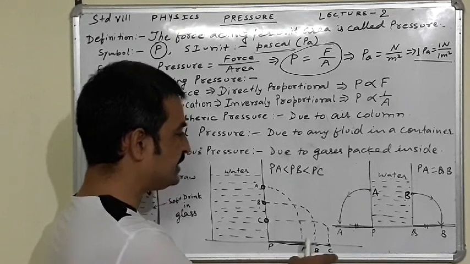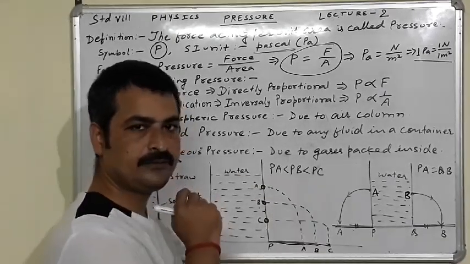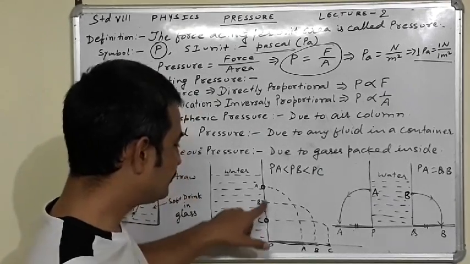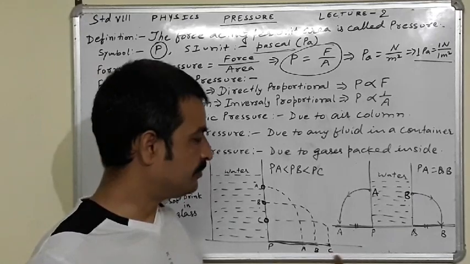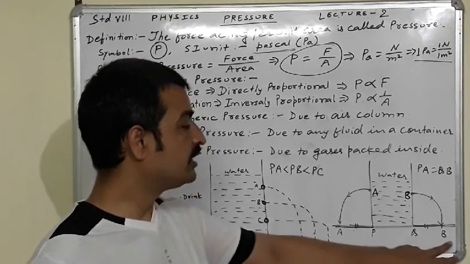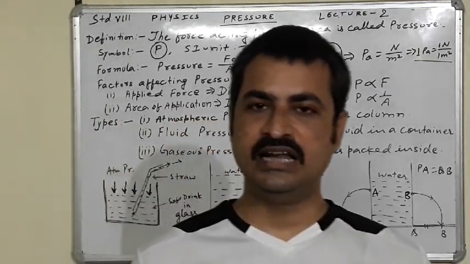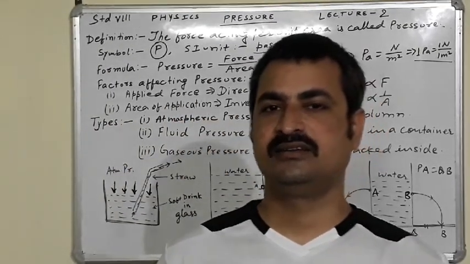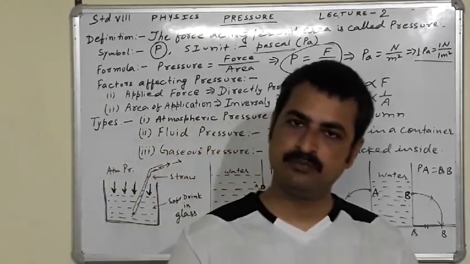PA, PB, PC: PA is smaller than PB, PB is smaller than PC. C is at the bottom, so C is largest. But here PA equals QB, which means if depth is varying, pressure is also varying. If depth is the same, pressure is the same.